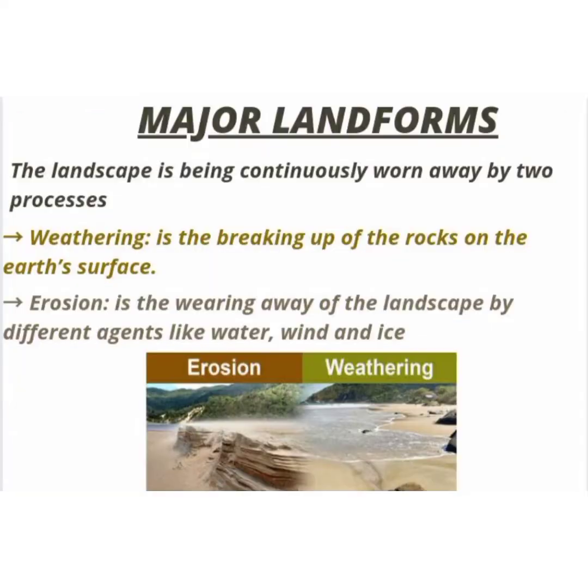Now, we will discuss major landforms. The landscape is being continuously worn away by two processes. The first one is weathering, and the second one is erosion. Weathering is the breaking up of the rocks on Earth's surface, and erosion is the wearing away of the landscape by different agents like water, wind, and ice.